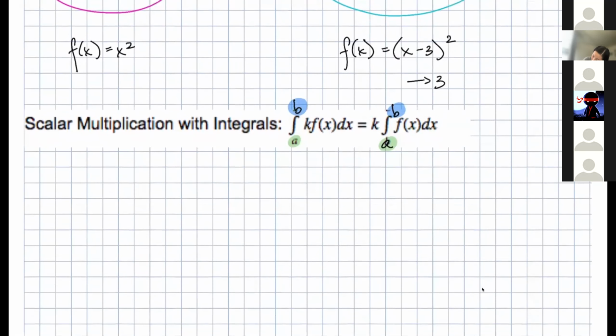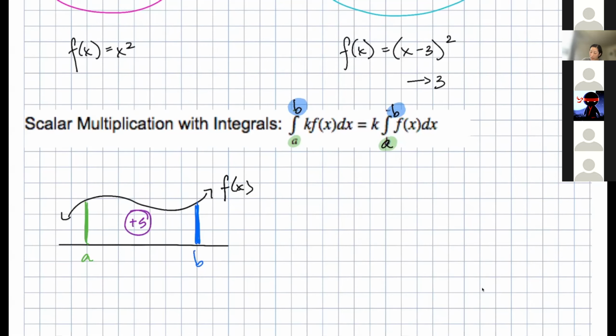And so if we imagine that we have some function f of x, and I want to start at A, and I want to finish over here at B, and I have this area, and let's maybe say this has an area of +5, okay?